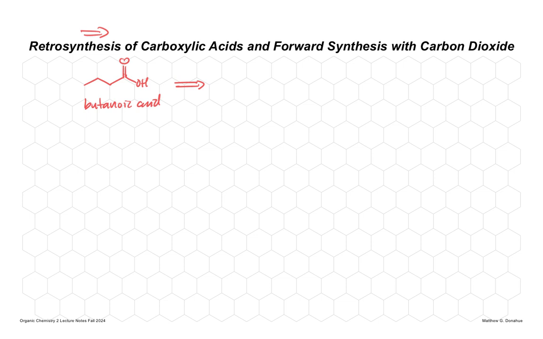That's what we want to make. And then what do we make it from? So in blue, I said we want that carbon to come from CO2. So that means we want to make this bond, which I'm drawing a dotted line through.